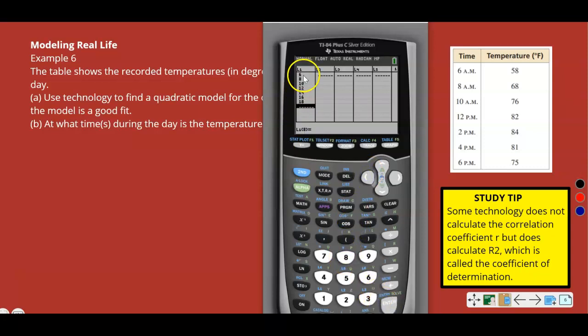Make sure you've got everything typed in correctly, and then enter the temperatures in L2.